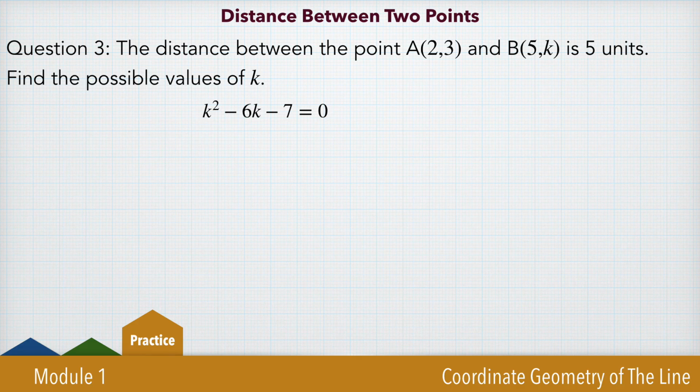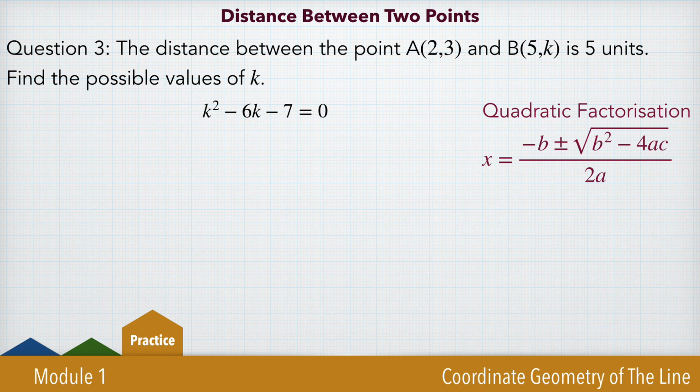There are two methods for solving quadratics, either factorization or using the root formula. Here again, we will practice the formula. We will substitute the coefficients from the equation in the formula for the letters A, B, and C, where A is the coefficient of k squared, B is the coefficient of k, and C is the constant.